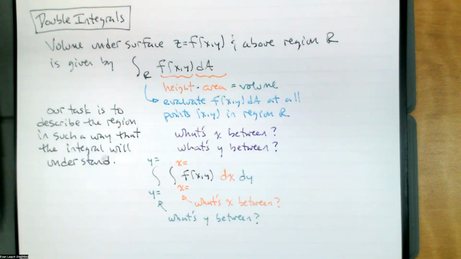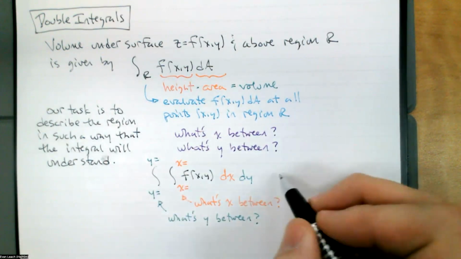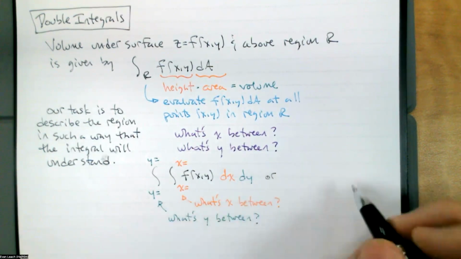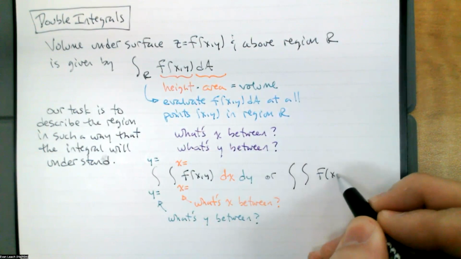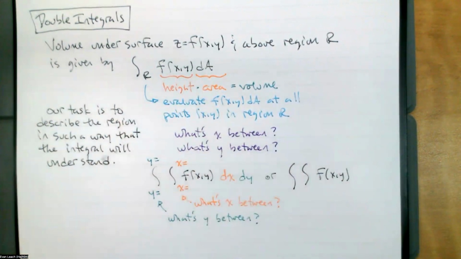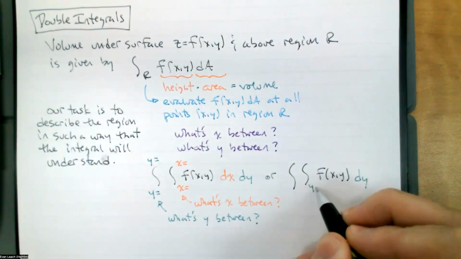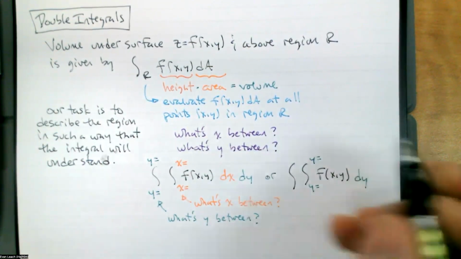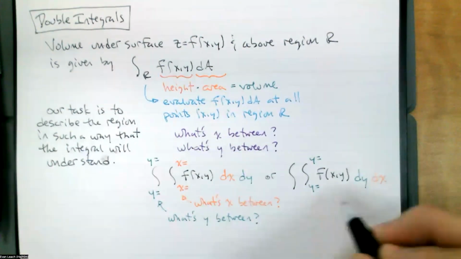We can also set this integral up in the order dy dx. If we switch the order here, we just have to make sure we switch the order here. So I can make my inside integral dy, and then I'll make my outside integral dx.